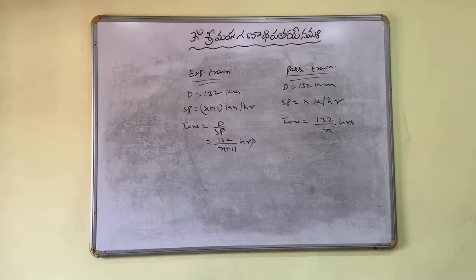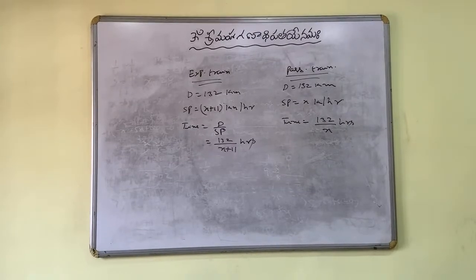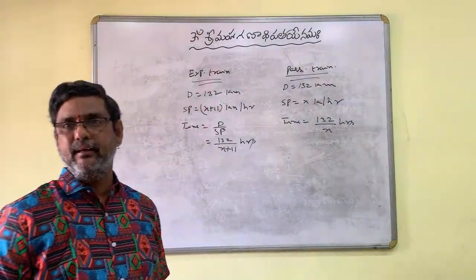If the average speed of the express train is 11 kilometers per hour more than the passenger train, that is what the 11 is, the speed.